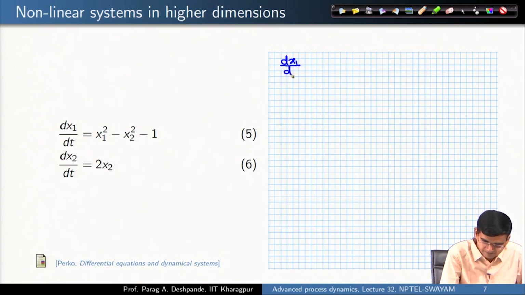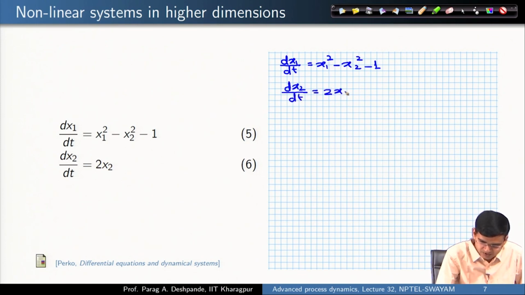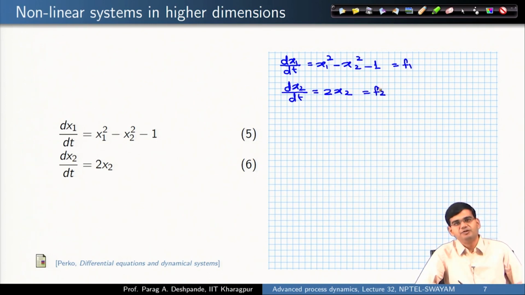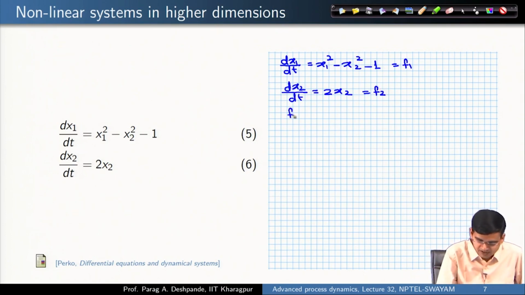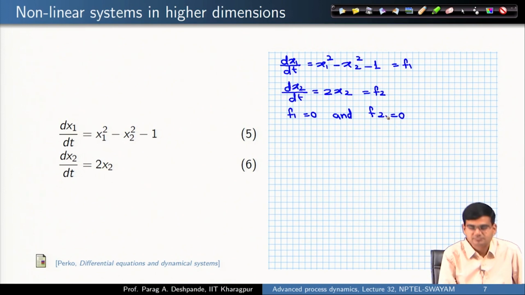I have dx1/dt is equal to x1 squared minus x2 squared minus 1 and dx2/dt is equal to 2x2. So, let me call this as f1 and let me call this as f2. What would be the equilibrium solution? Equilibrium solution would be obtained by setting up f1 is equal to 0 and f2 is equal to 0, right.